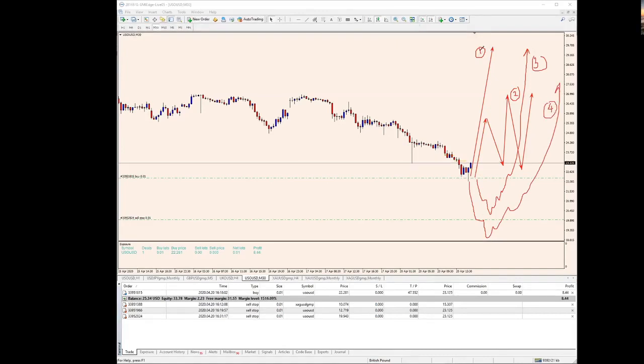So number 1 is the fastest profit you can take, super fast. Number 2, very slow. Number 3 will freak you out a bit first, then profit, but it's actually slower.